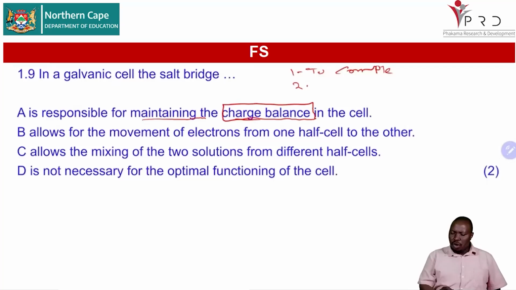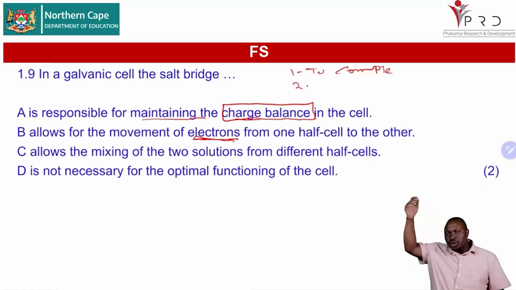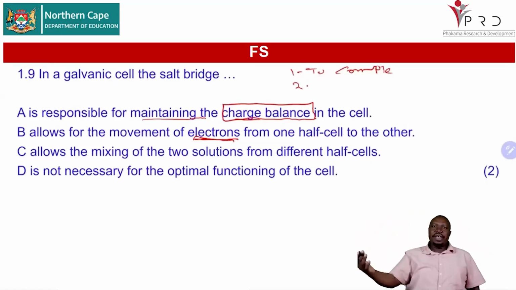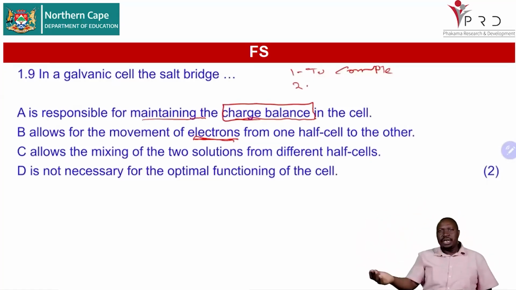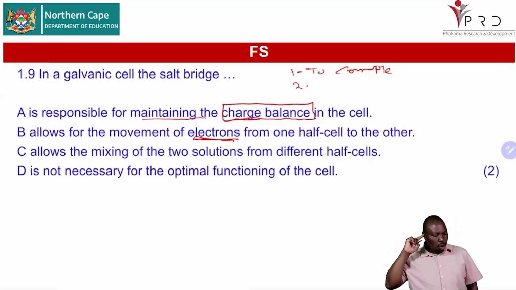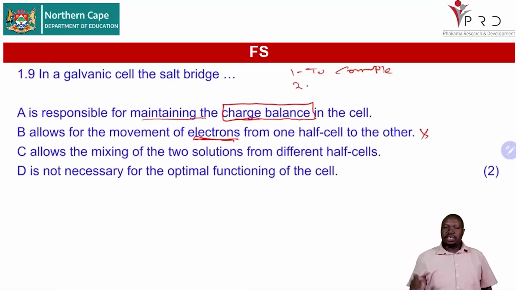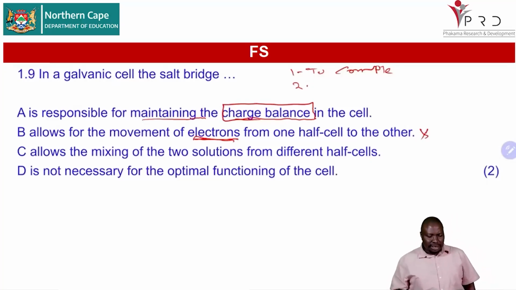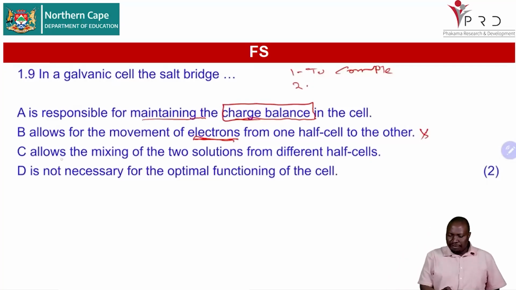How is number B wrong? Number B is saying it allows for the movement of electrons. The salt bridge is not where the electrons move. The salt bridge is where the ions move. The cations and the anions move in the salt bridge to maintain electrical neutrality. So number B is wrong because it's not the electrons that move. Number C says the salt bridge allows the mixing of the two solutions from different cells.